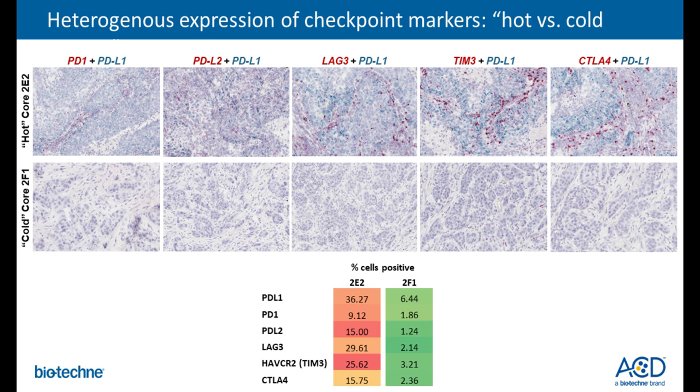As you can see on the screen, we have used our duplex assay to visualize different immune checkpoint markers, including PD-1, PD-L1, PD-L2, LAG3, TIM3, and CTLA-4. It is very obvious that the expression of all of these immune checkpoint markers is significantly higher in the core 2E2 compared to the core 2F1. And this is also evident from the quantification detailed in the table below.